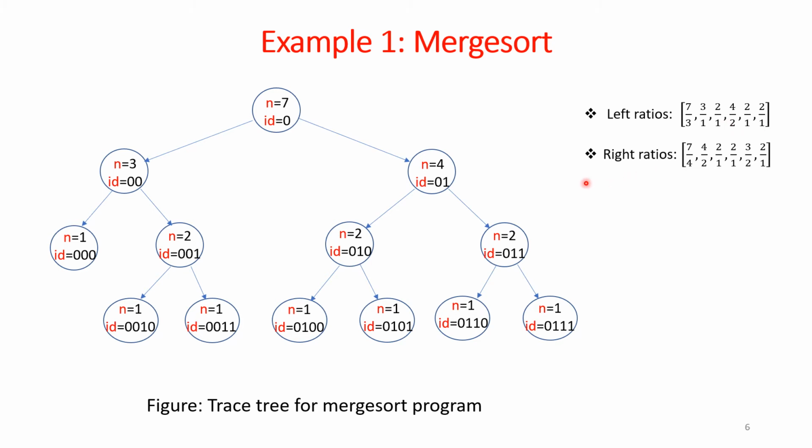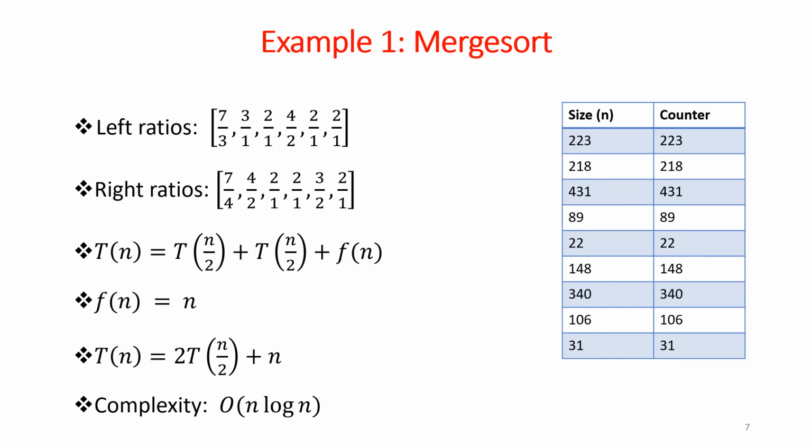The relationship between the size of input at the current node and the size of input at the right children will be 7 divided by 4, 4 divided by 2, 2 divided by 1, and so on. And this will converge also to 2.